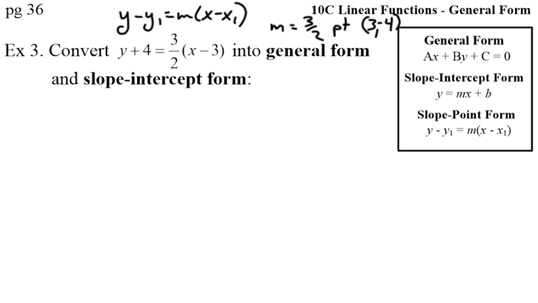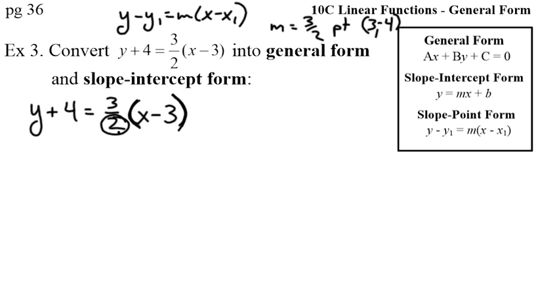But we want to put it in two other forms, general form and slope-intercept form. Well, in this case, it depends on what you want to do as to which is the better one to do first. I'm not sure one is better than the other. They're kind of related. What I do know is both cases, I need to get rid of these brackets because I don't want the fraction and I don't want the brackets for slope-intercept.